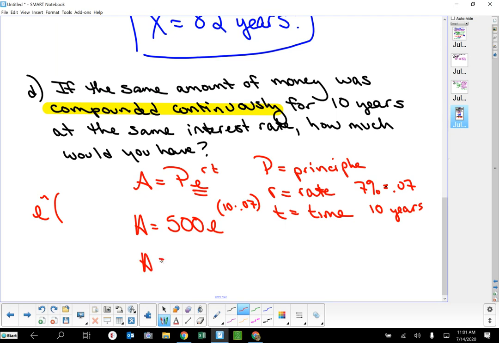And I get $1,006.88 if I round up. Okay, that's a 6. And so that's if it's compounded continuously, which means every single day it's compounded instead of just 4 times a year. All right, so that's how you would do those problems.